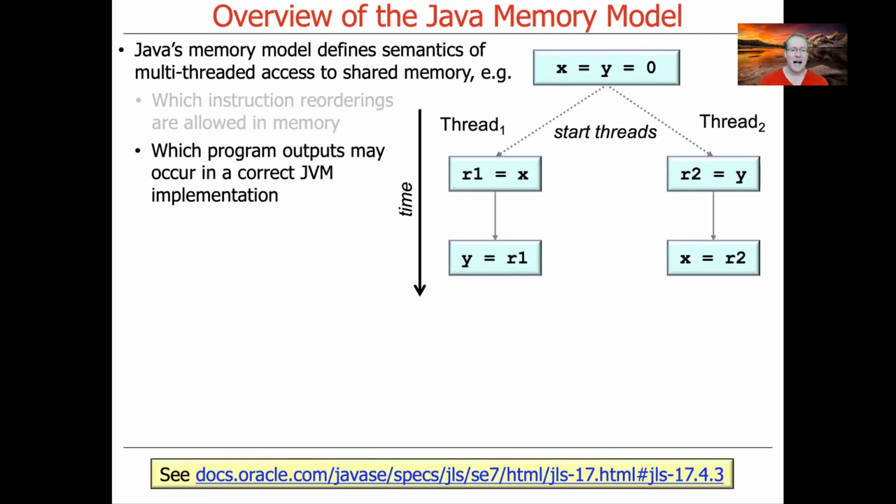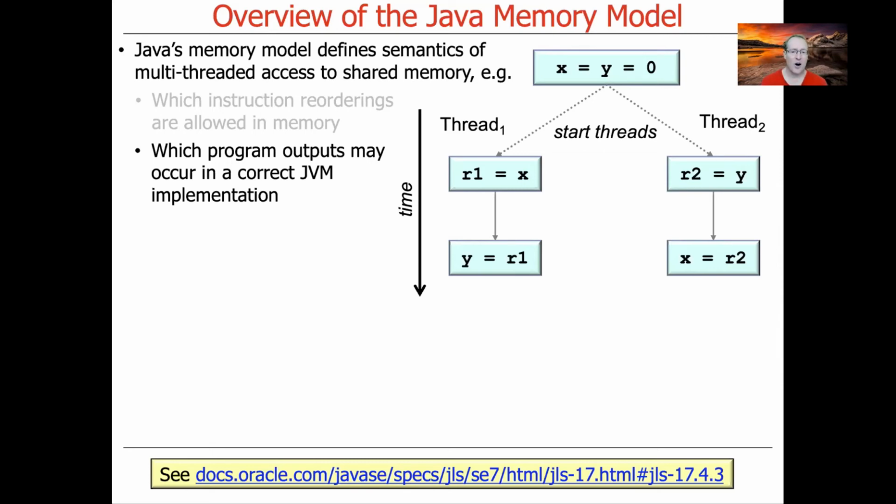Another set of considerations that the Java memory model covers is what program outputs may occur in a correct implementation of the Java execution environment. And again, if you take a look at the specification for the Java language, you'll see some discussions of these kinds of things. So this is a variant that's very similar to what we saw before, where we have x and y, which are variables that are shared between thread 1 and thread 2.